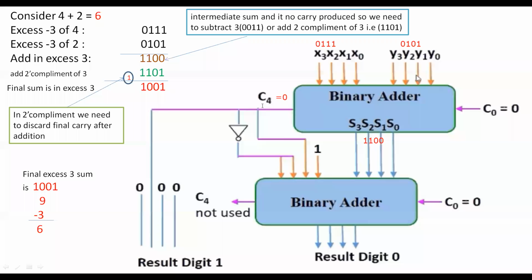Now, C4, which is 0, is connected to the inverter. This will be equal to 1. Therefore, these pins are connected to 1, and 1, and this is connected with 0. The third number, 1, 1, 0, 1, is added with the sum, that is S3, S2, S1, S0.